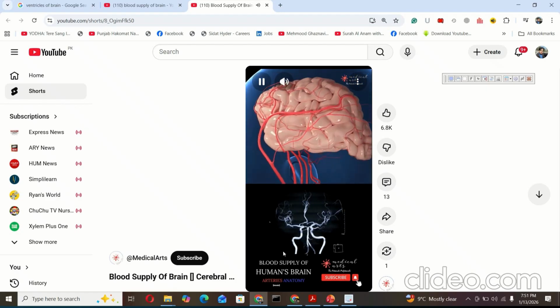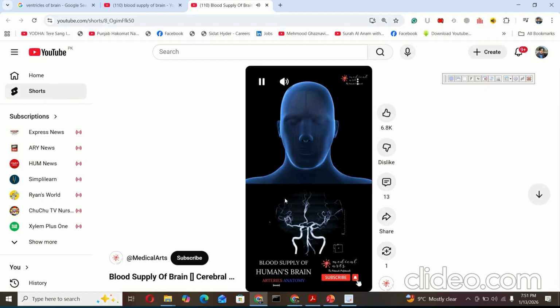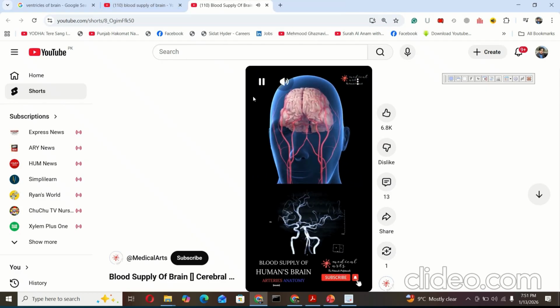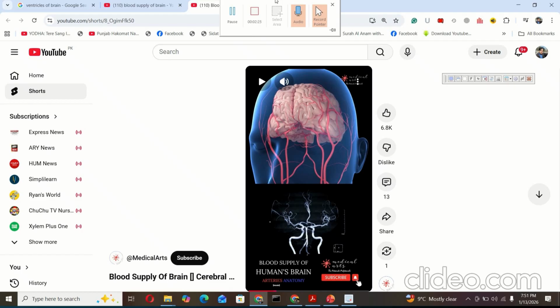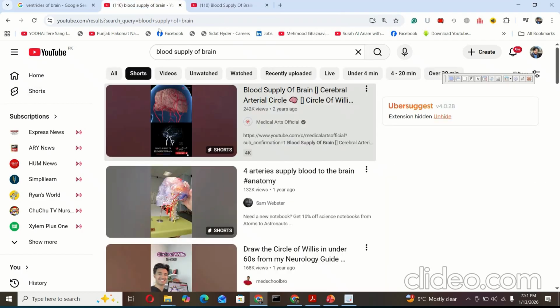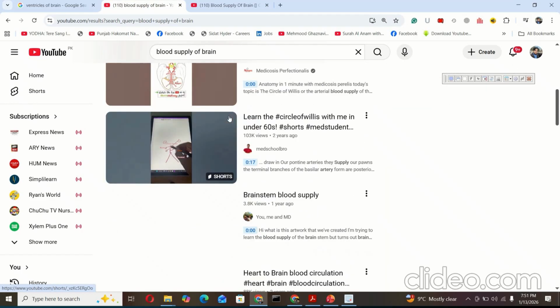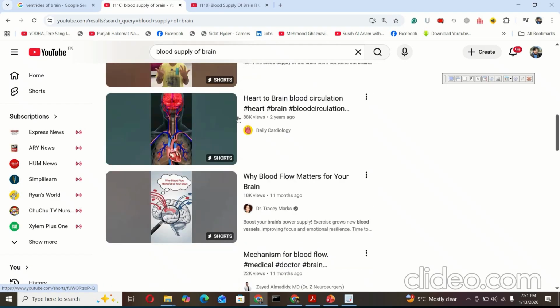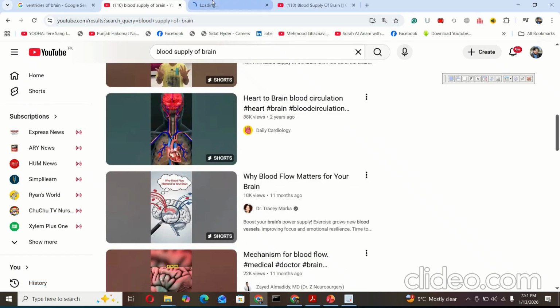That is the blood supply of the brain. Let's have some more detailed video. Blood supply of the brain.